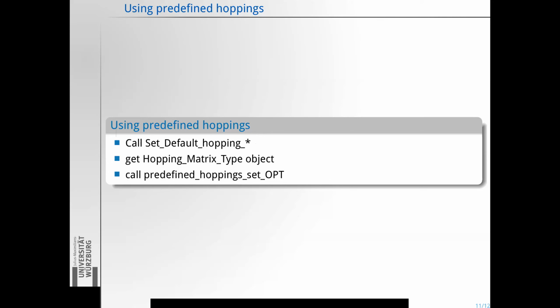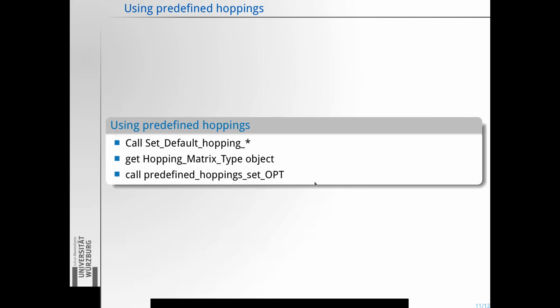From this function, you get a so-called hopping matrix type back, which encodes all the information that is required. And then you have to convert the hopping matrix type to the op t matrices, and this can be done by a call to predefined hoppings set op t. This sets the op t array that you have seen in the Hamiltonian.